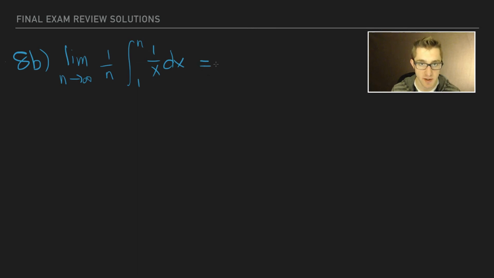The first thing to do is write it like this, as the limit as n goes to infinity of the integral from 1 to n of 1 over x dx over n. So it's easy to see that as n goes to infinity, the denominator goes to infinity.